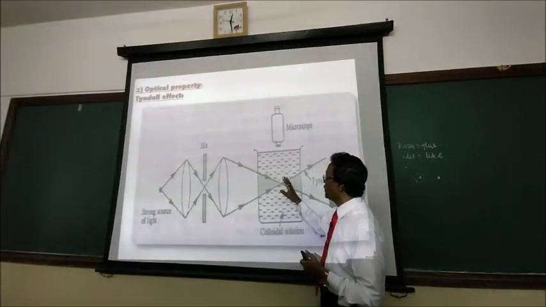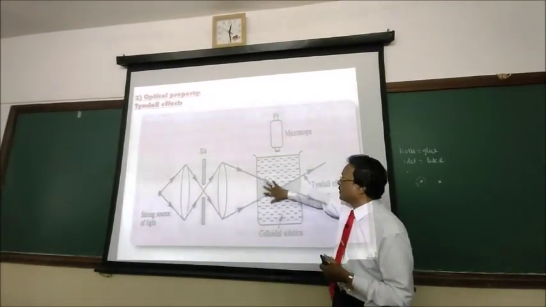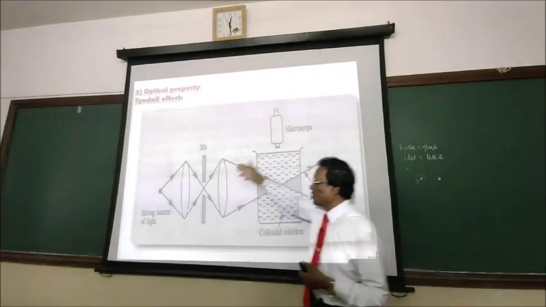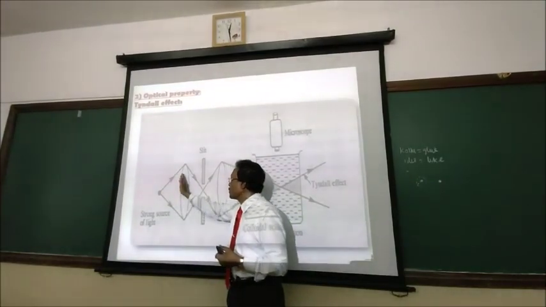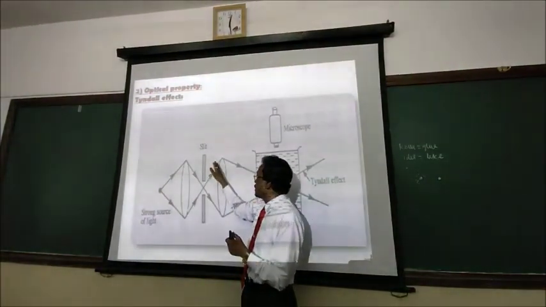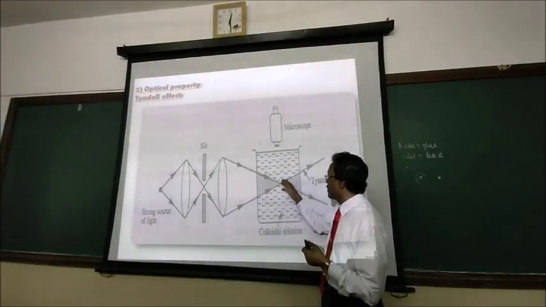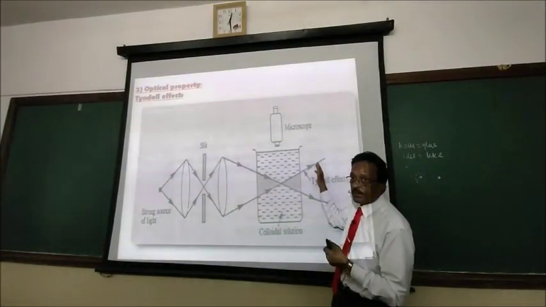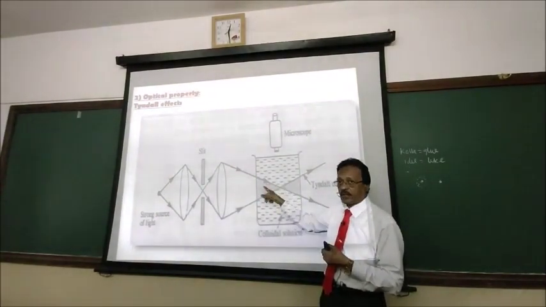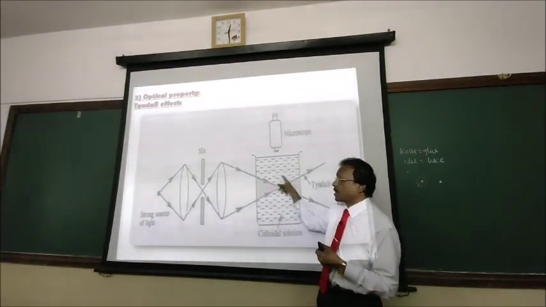Here a colloidal dispersion is taken. You can even carry out this experiment in a dark room or use an ultramicroscope. I have taken a light source, one lens or two lenses and a slit to get a convergent beam of light rays. The convergent beam of light rays is made to pass through the colloidal dispersion. You can see a bright Tyndall cone appear in the dark background, or when observed through an ultramicroscope.